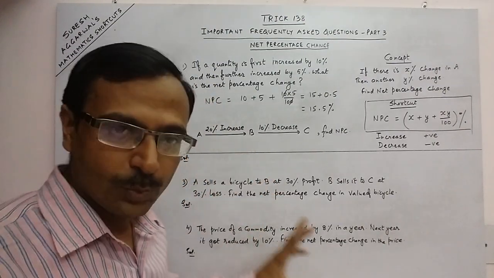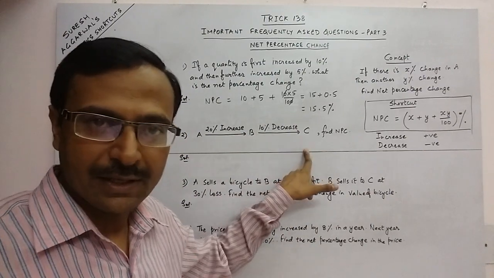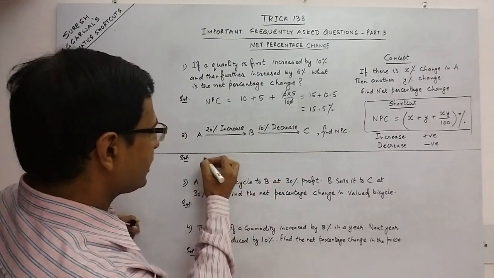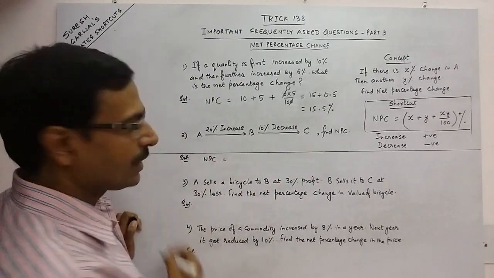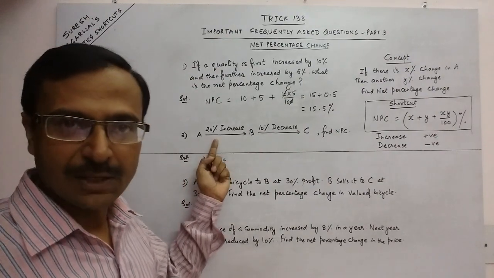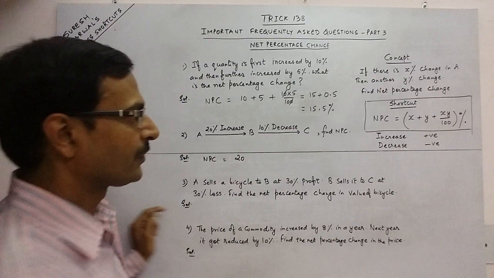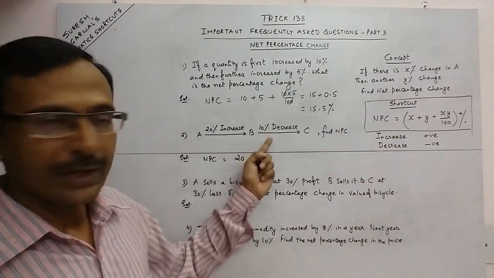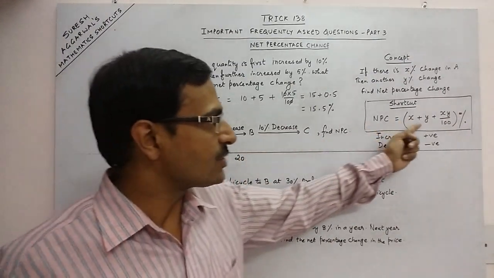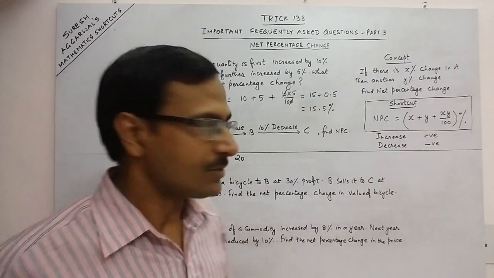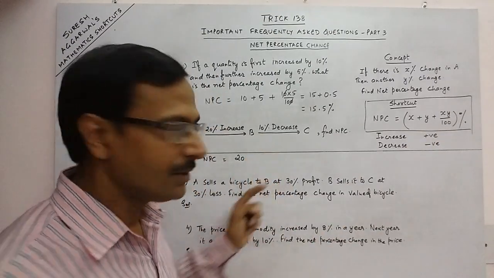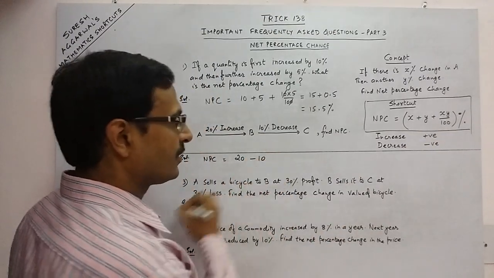Now we will assume one increase and one decrease. Again, net percentage change. Now see, 20% increase, that means we have to take 20 as positive, so x is positive. Now 10% decrease, so we will assume y as negative, so minus 10.